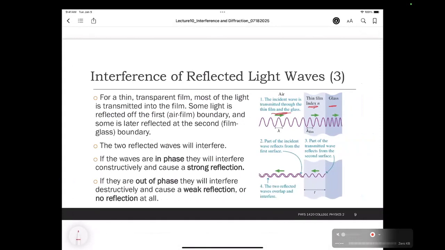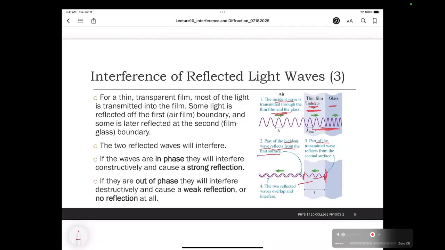Most of the light is transmitted into the film, and some is reflected off the first boundary. You can see the incident wave is transmitted through the thin film and the glass, and part of the incident wave reflects from the first surface. Part of the transmitted wave reflects from the second surface.